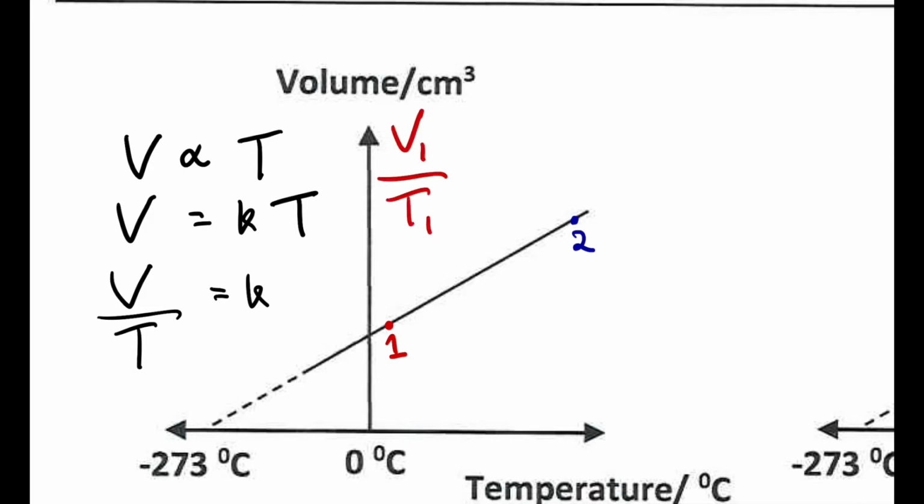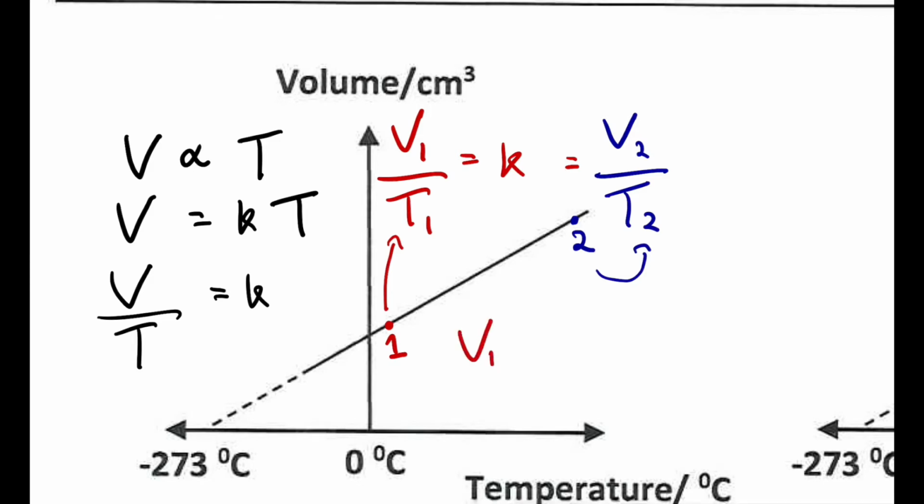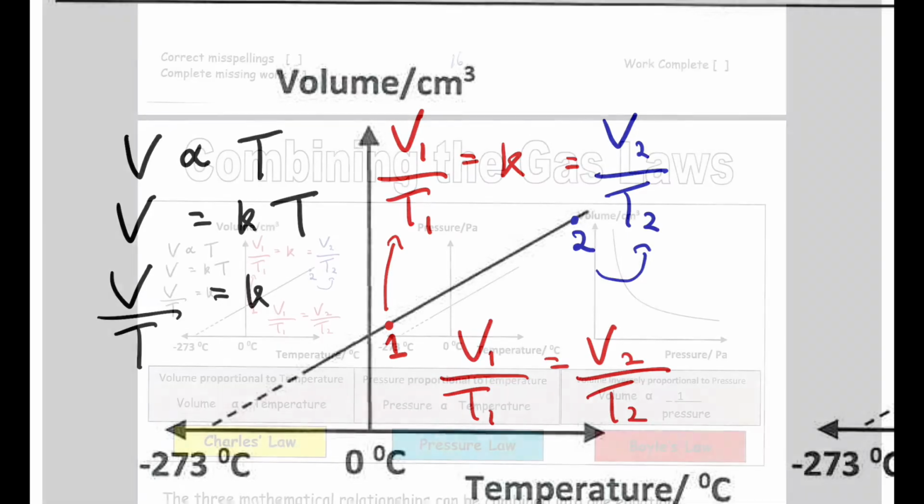We can rearrange this as V over T equals K. That means if I take a quantity of dry gas at position 1 and I heat it up to position 2, that means that V1 divided by T1 must be equal to V2 divided by T2, which is the first of the gas laws.